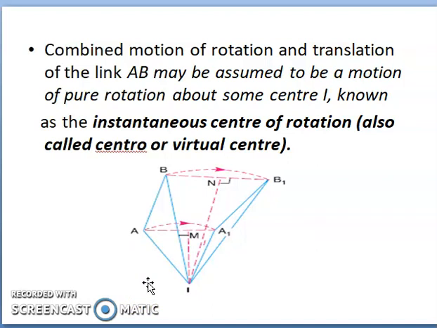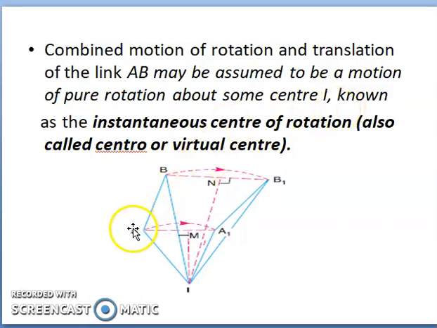At any intermediate point, again we can assume that it is rotating but with different centers. These centers are the centers of rotation at that particular instant only, and they may vary from instant to instant. So these centers of rotation are called the instantaneous center of rotation. So what is the instantaneous center of rotation?